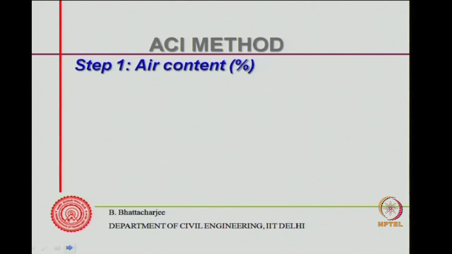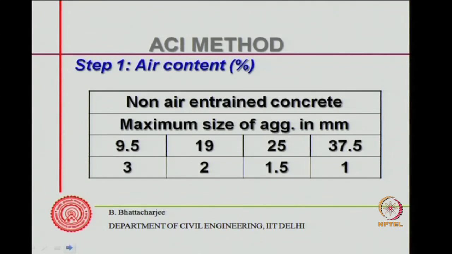Then the corresponding air contents are given. For non-air entrained concrete, typically you can take the air content as 3% of the total volume, 2%, 1.5% and 1% for MSA increasing from 9.5 mm size to 37.5 mm size. That means the bigger the MSA, the better the packing, so your air content reduces, and the paste would be reducing.